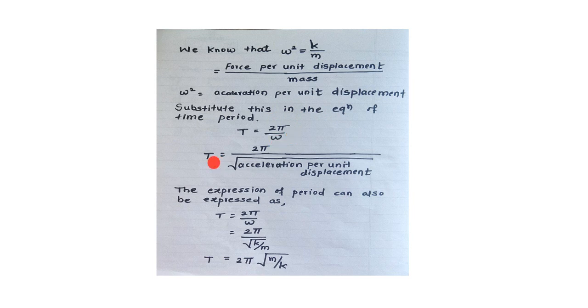We get T equals 2 pi upon the square root of acceleration per unit displacement. The period can also be expressed as T equals 2 pi by omega, which means 2 pi upon the square root of k by m, since omega is the square root of k by m. Now we get T equals 2 pi times the square root of m upon k. This is the time period of simple harmonic motion.